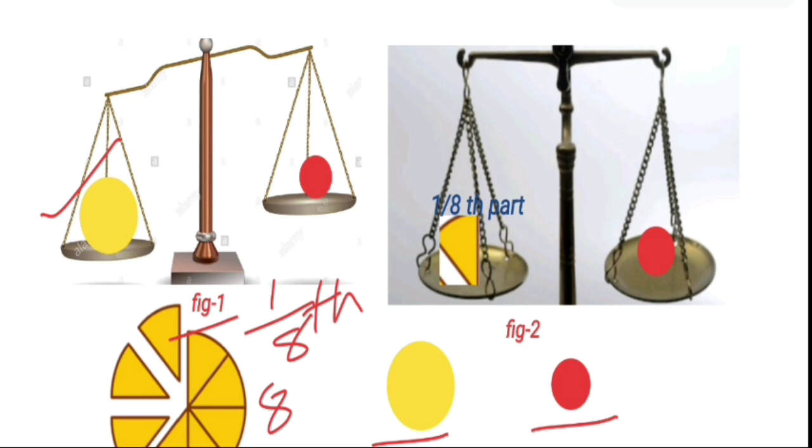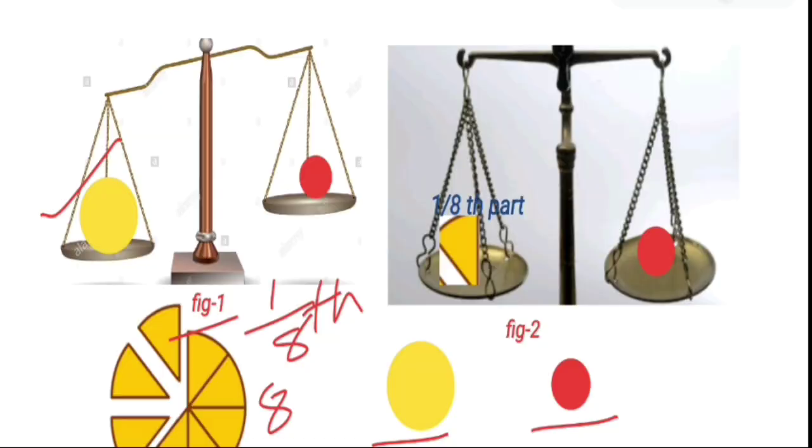Now, when we put one part from these 8 equal parts to compare with the mass of the red metal, we find that the mass of the red metal is exactly equal to that one part. So we can conclude that the mass of the red metal is 1/8 part of the mass of the yellow metal. Is it clear, children? This is how we compare the mass of two substances.